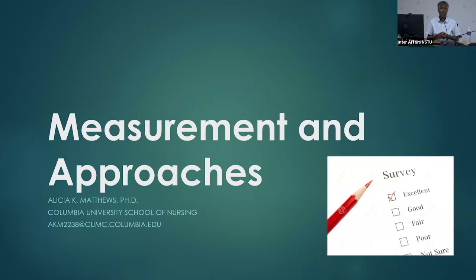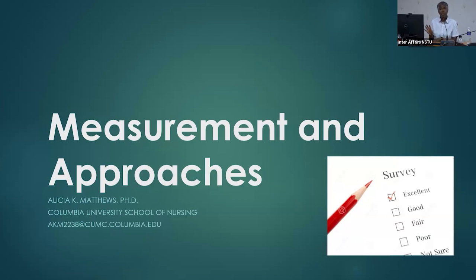about measurement approaches. Many of you will be in the position of creating data collection tools that include standardized measurement instruments as well as demographic and other single item questions that you may be interested in for descriptive reasons.